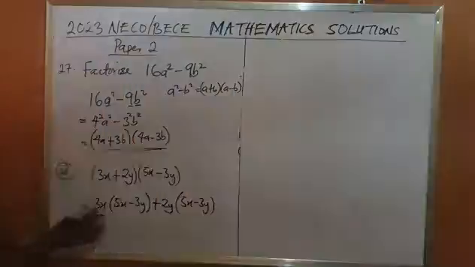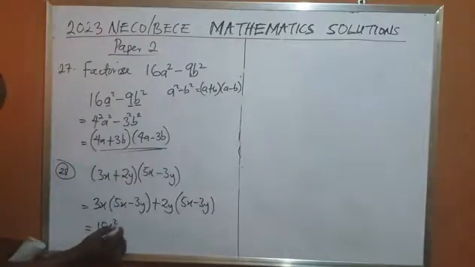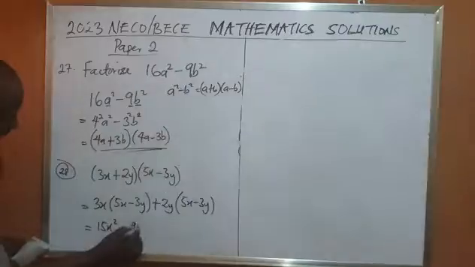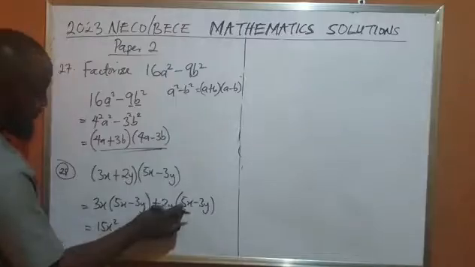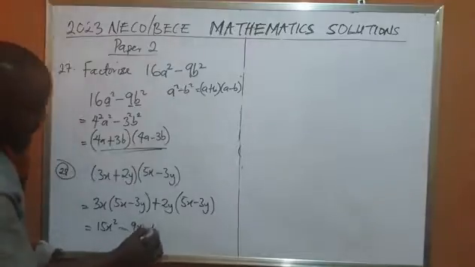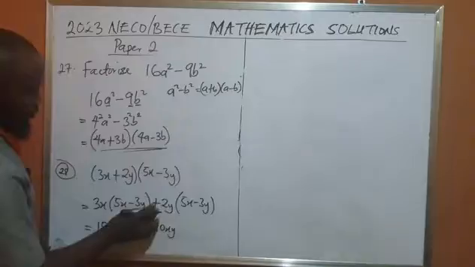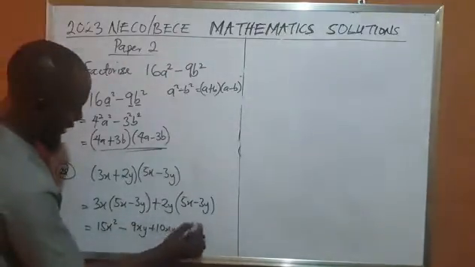So we have 3x times 5x, that gives us 15x squared. Minus 3x times minus 3y, that will be 9xy. Then plus 2y times 5x, that will give us a plus 10xy. Then plus 2y times minus 3y, that is a minus 6y squared.